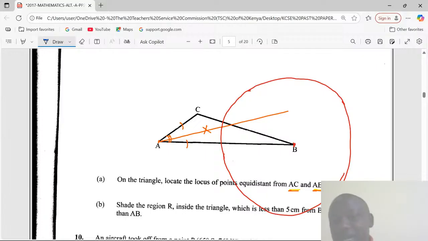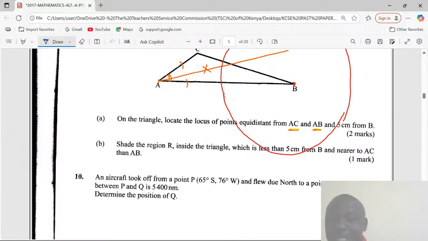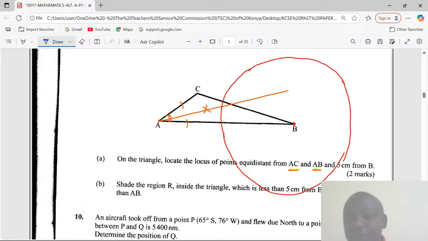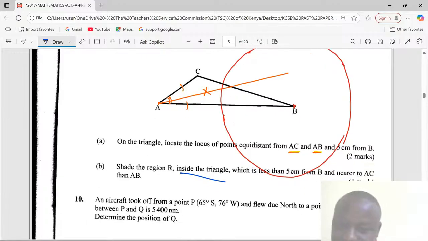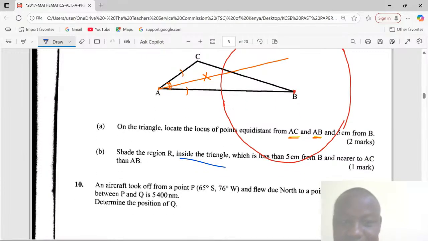So it means within the circle, and we've said inside the triangle. Then there is another condition: nearer to AC than AB.